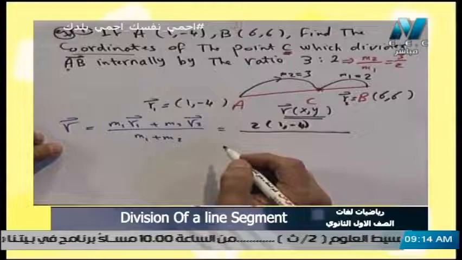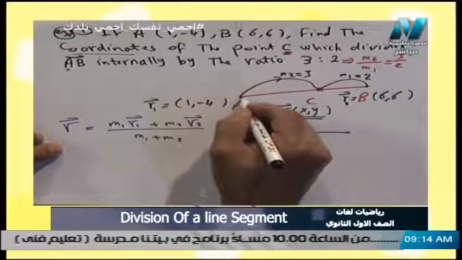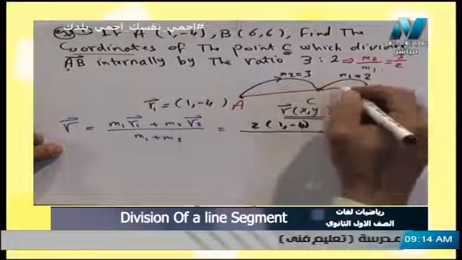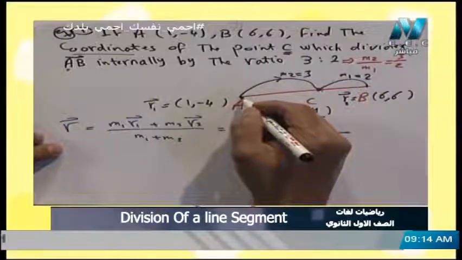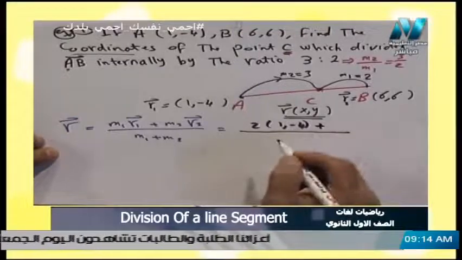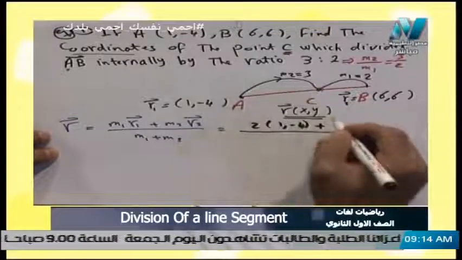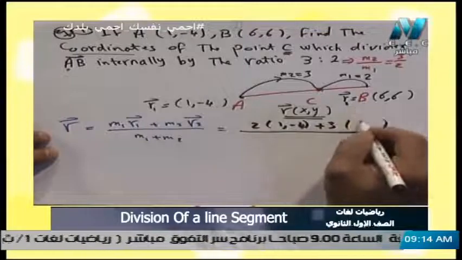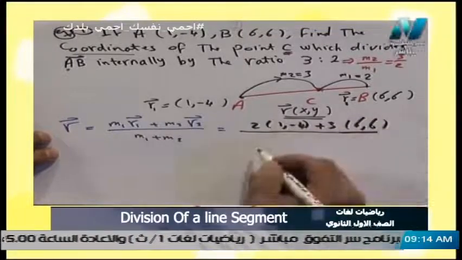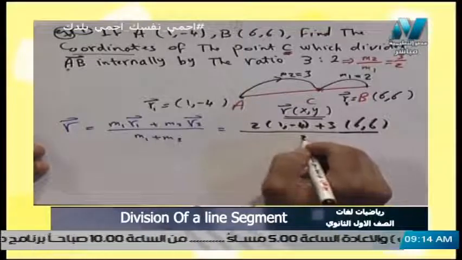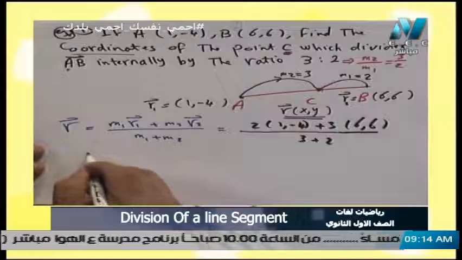Notice, my dear students, that we use A or R1 with M1, which is from the farthest to the nearest, okay, plus M2, which is 3, multiplied by R2, which is (6, 6), over the sum of M1 plus M2.